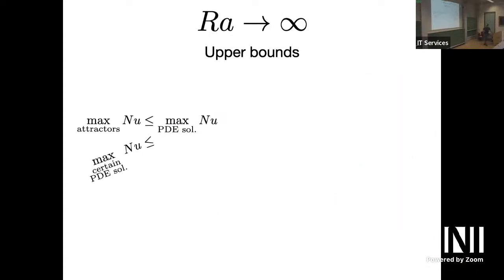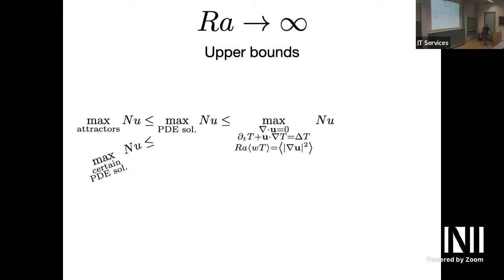Okay. So what has been said mathematically? Well, people can try to put an upper bound on this maximum over PDE solutions. That's too difficult to do directly, so you want to somehow relax the maximization.